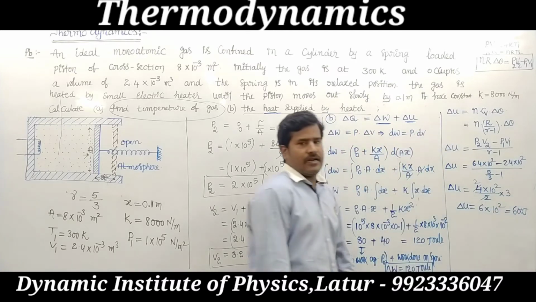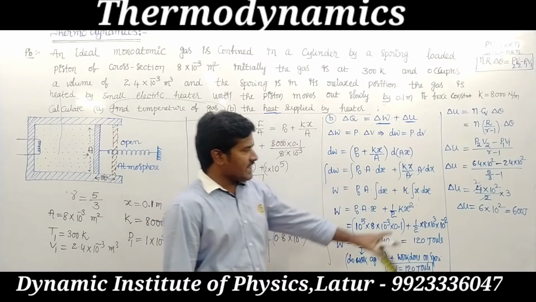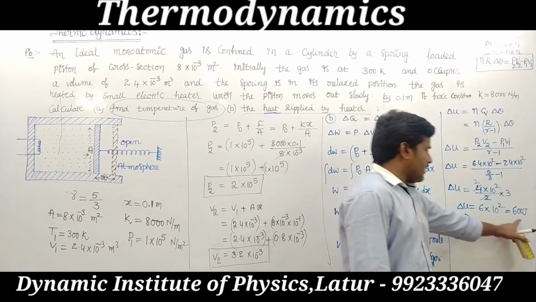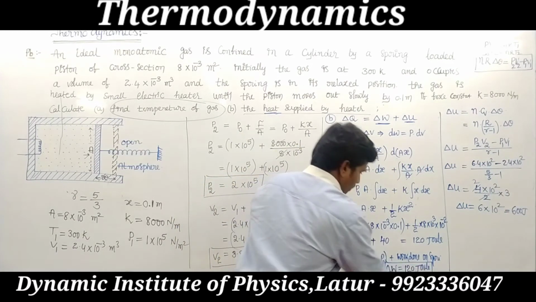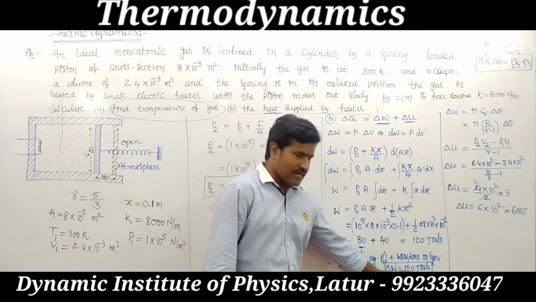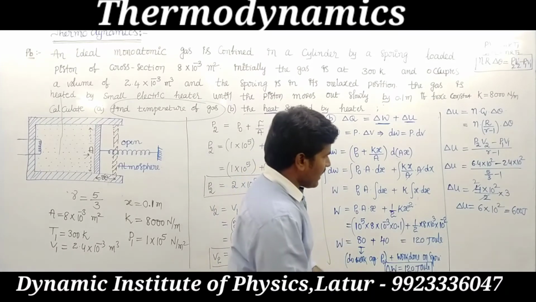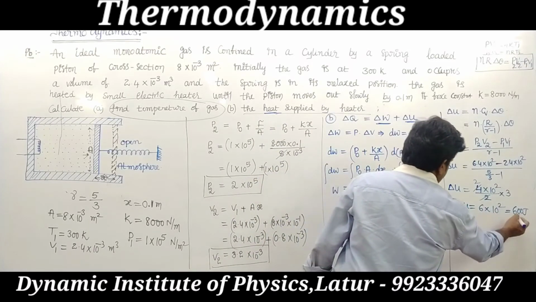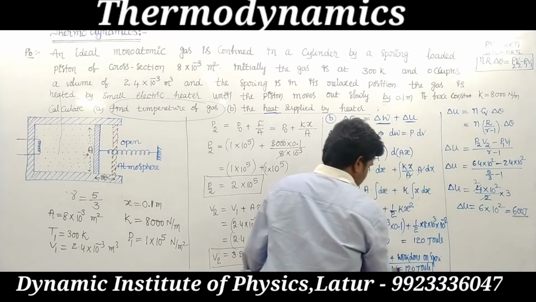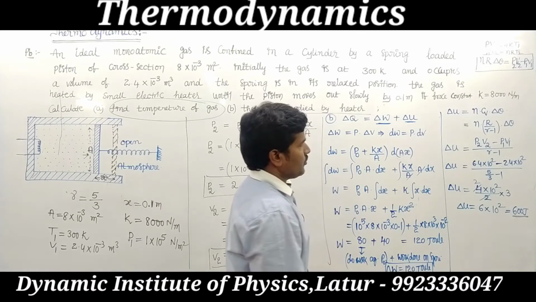So the internal energy becomes 600 joule, and the external work is 120 joule. So delta U is 600 joule and delta W is 120 joule.